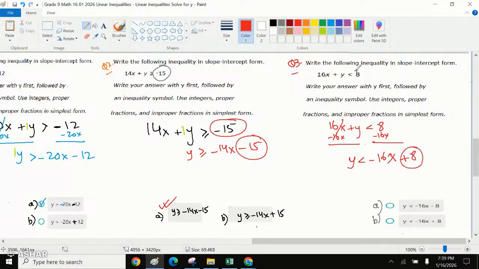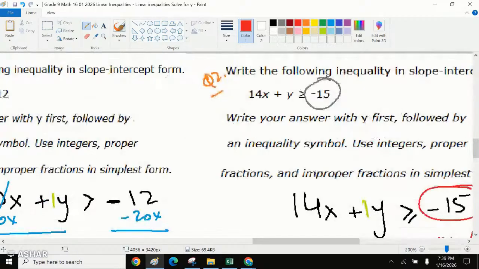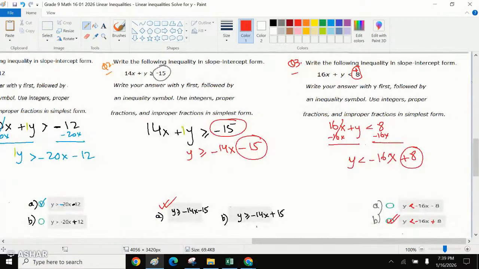Plus 8 is not changing, right? The signs are the same as well. None of the signs have been flipped, right? So it stays positive. That means option B is still the correct answer. Do we agree? So option B is the correct answer.